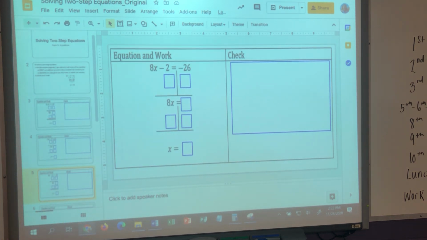Okay, so I want you to take a minute and I want you to try to do this problem on your own. 8x minus 2 equals -26. I want you to solve for x, and then I want you to check your solution, please.